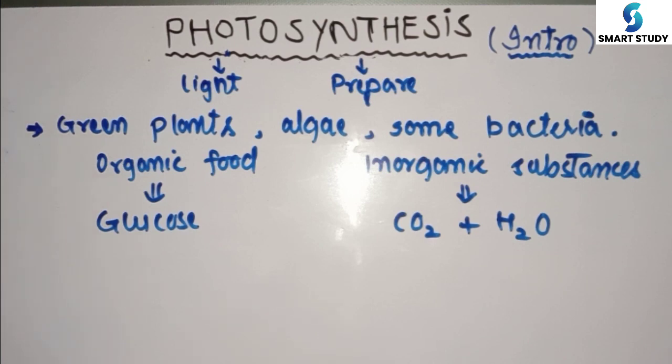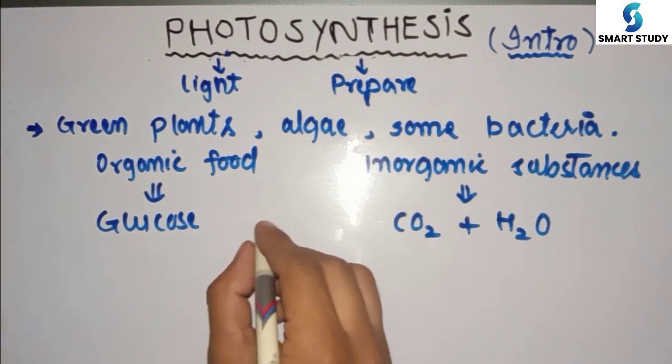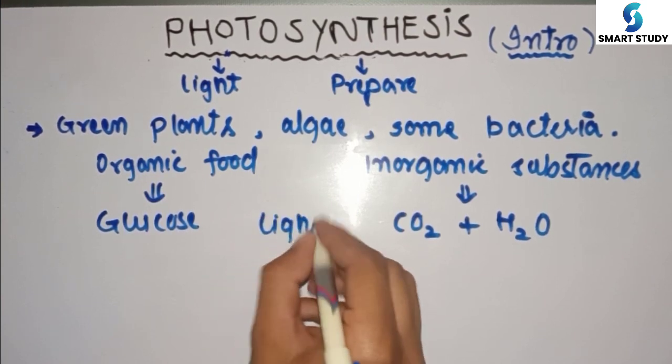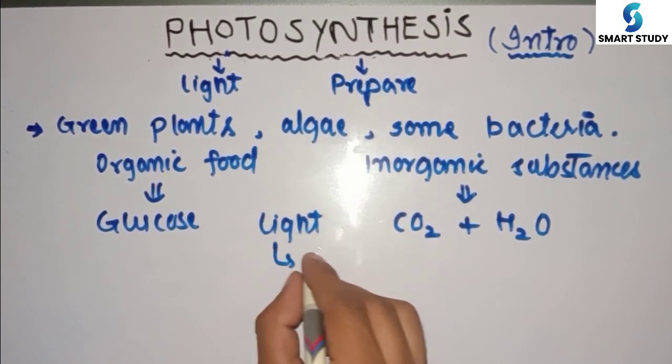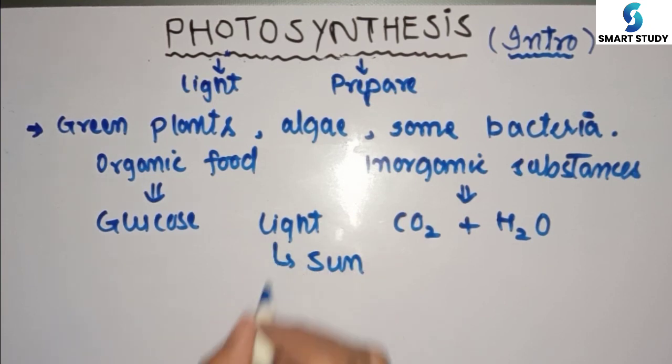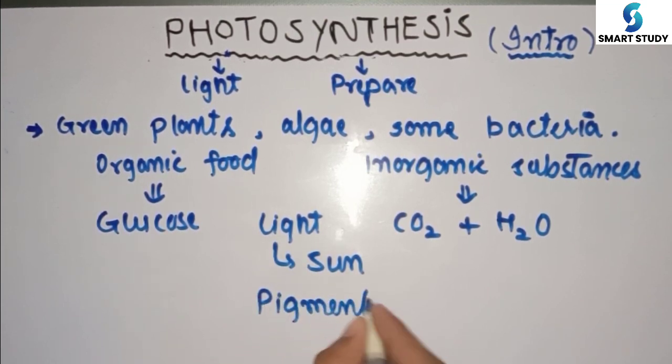In this process, we call it photosynthesis. It means light is required in this preparation of glucose. The light source, what is the light source? There is sun. This light comes from sun, and there are different pigments present in organisms which capture light.